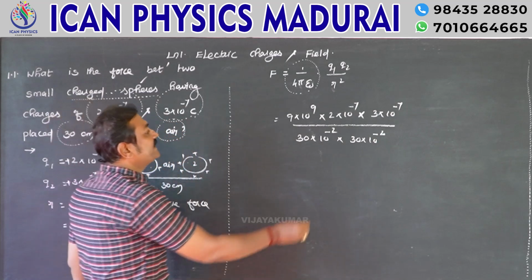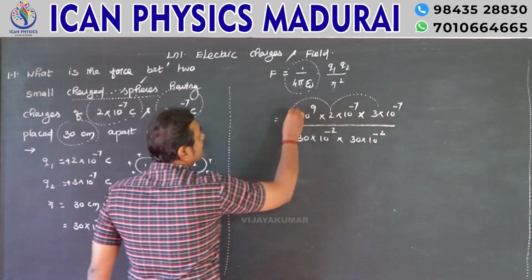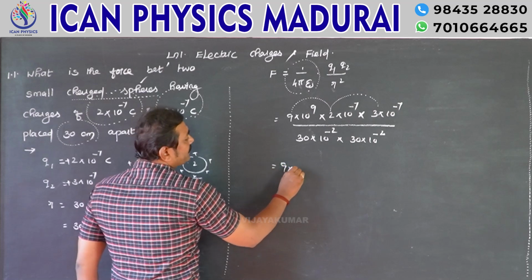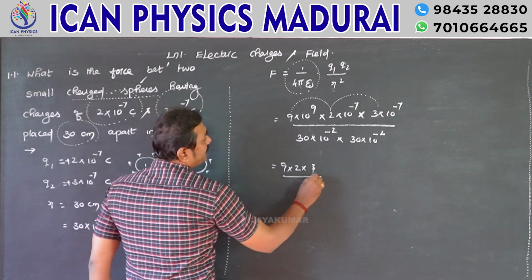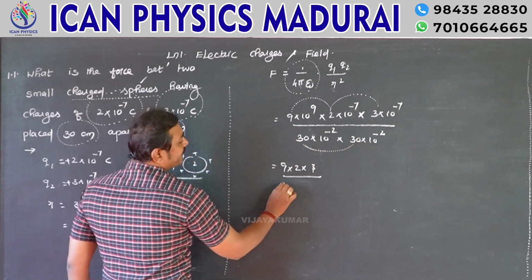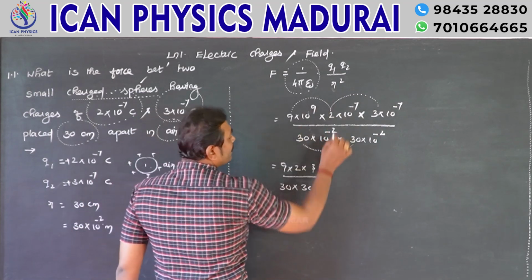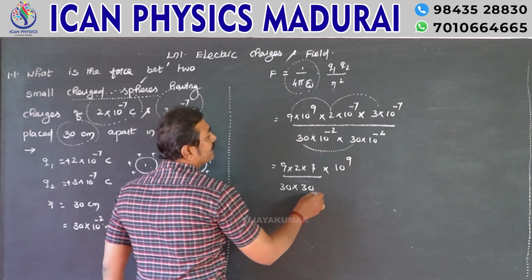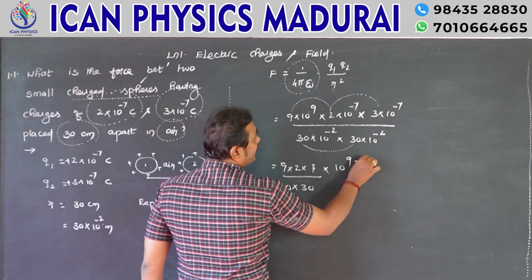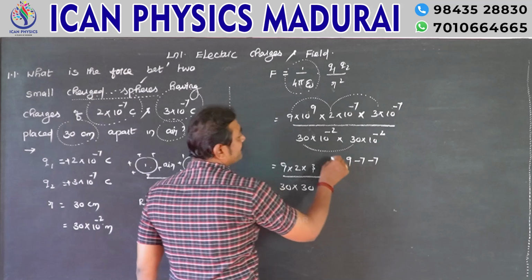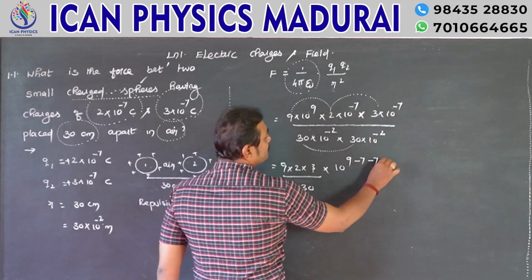First we can take the numbers. So 9 into 2 into 3 divided by, in the denominator, 30 into 30. Now the powers: 10 to the power 9, here minus 7, here minus 7. The minus 2 goes to the numerator as plus 2.